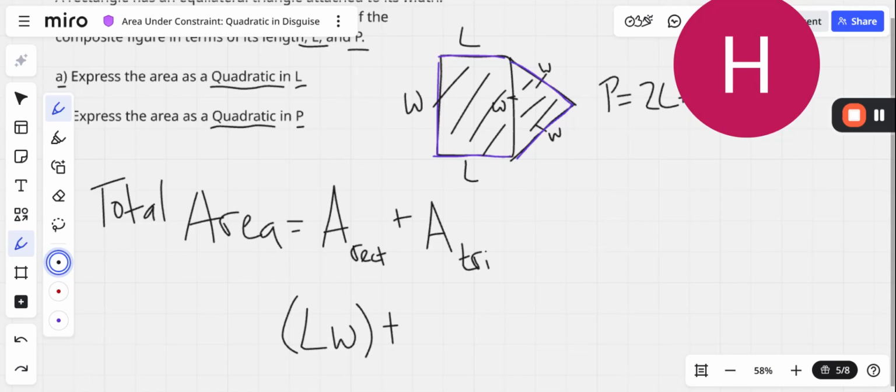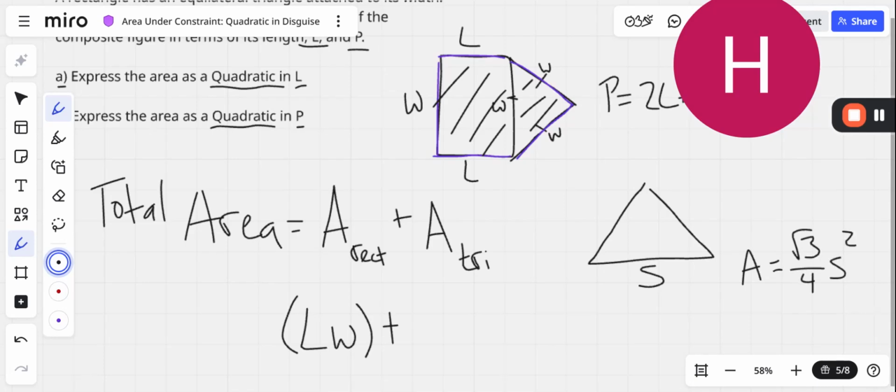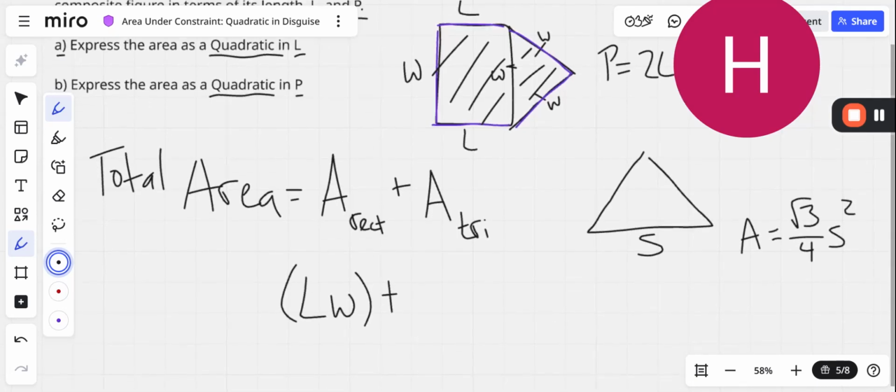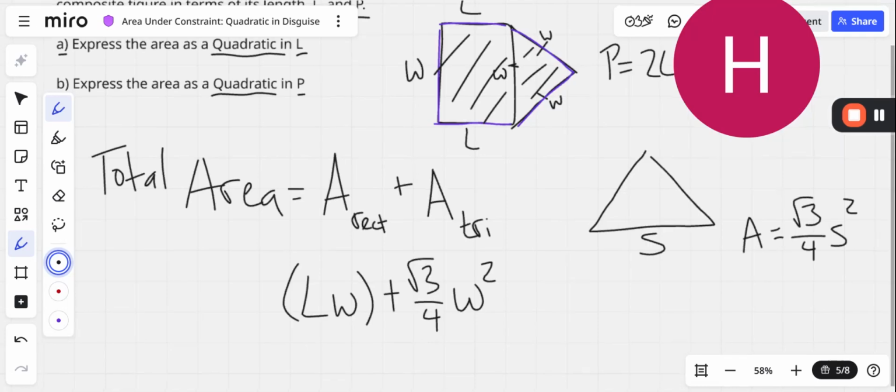If you don't already know, you can calculate this by using 30, 60, 90 triangles, but the area of an equilateral triangle with side length S is given by square root of 3 over 4 S squared. So in this case, we're going to have square root of 3 over 4 W squared, because we're using W for the side length. Great.